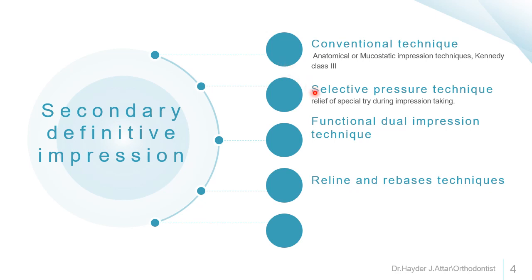While the selective pressure technique uses selective pressure in some areas of the alveolar ridge, or increases the pressure in the area that is a stress bearing area, the other areas which are not stress bearing have no finger pressure on them while taking the impression.